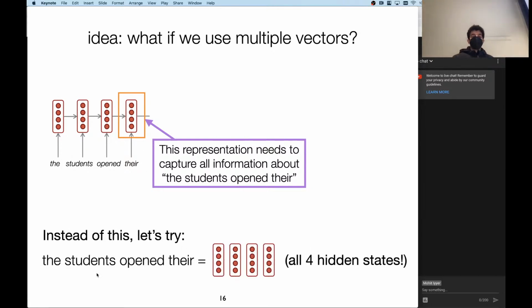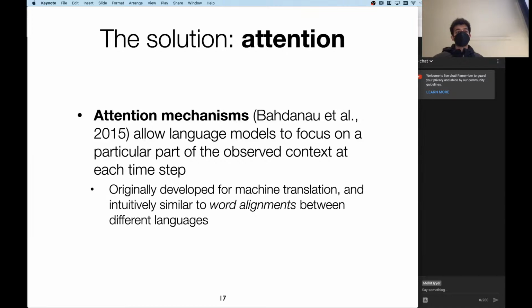But what if we represent this prefix with all 4 of the hidden states that we've computed up until this point? Now, before going to the softmax layer, the model is able to do a linear combination of all 4 of these vectors based on which ones it thinks are most important to predicting the next word at this particular time step. So it's able to actually decide which vector to place most of its attention over, and then it's going to predict the next word. So that's generally the idea.